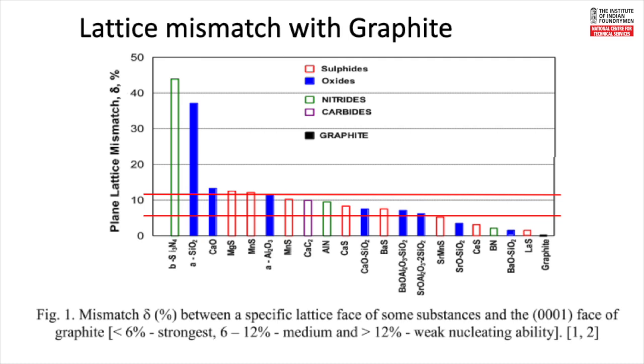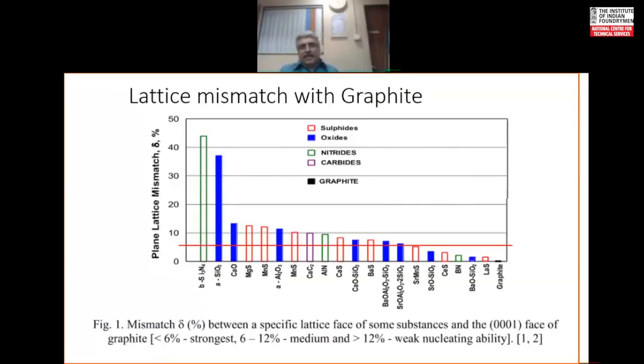And if we look at this graph, what we notice is, if this lattice mismatch is low enough, less than 6%, then you have got an inoculating particle which is very strong. And so, on this side, see, graphite has got the best match, the disregistry, the mismatch is the lowest. So it is one of the best for nucleation.